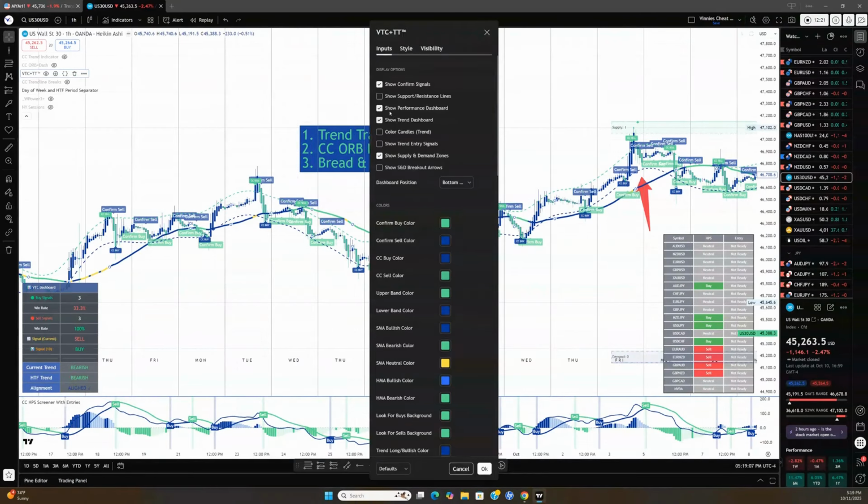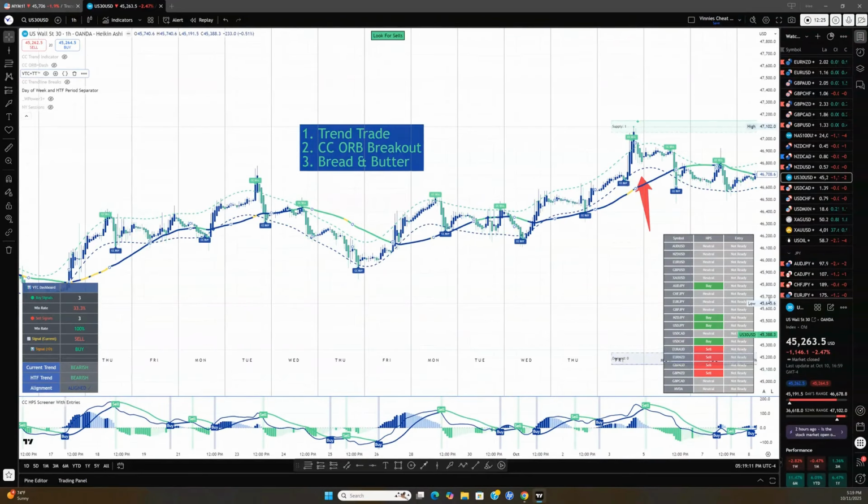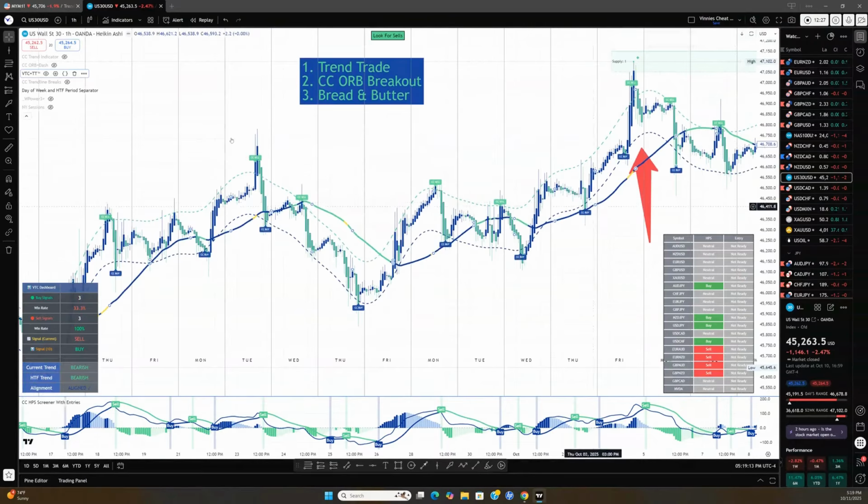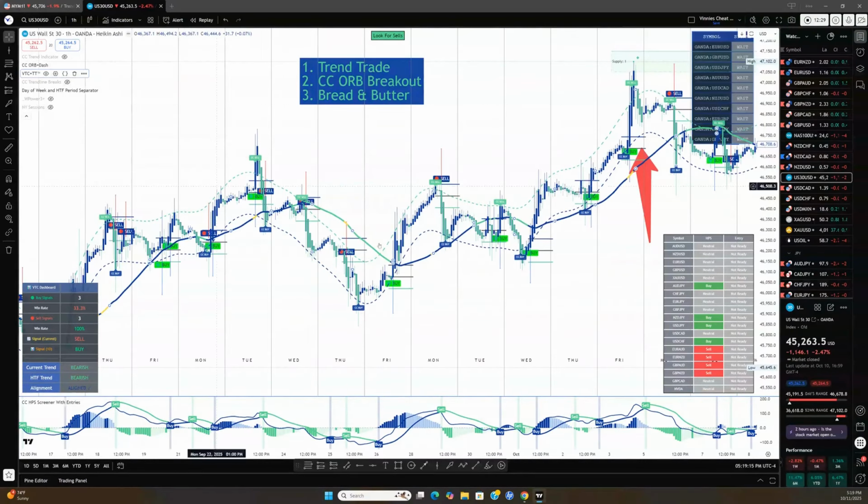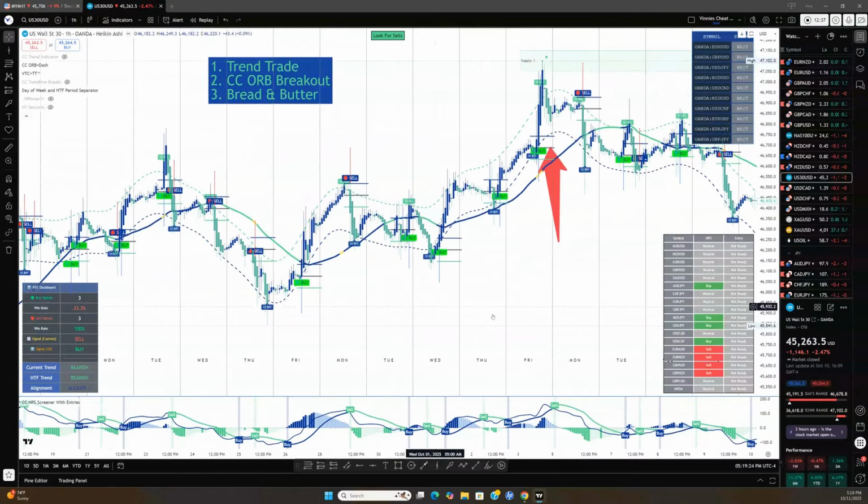Once we get the CCORB breakout, and say for any reason we missed it, then we can take the counter trend trade, which is the bread and butter strategy.